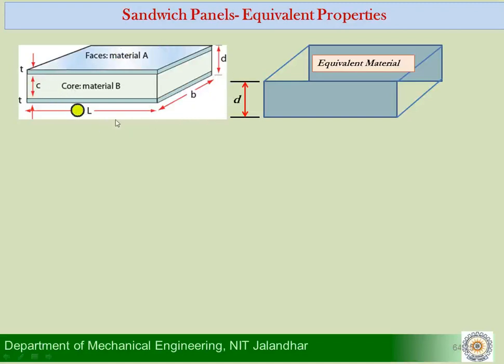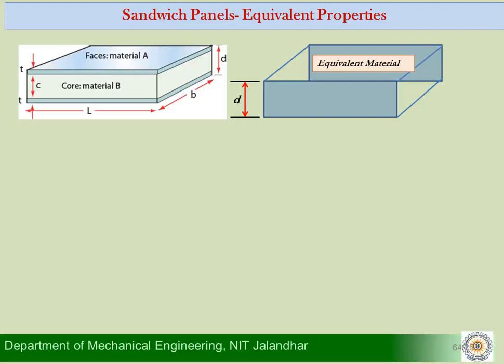One for the composite, one for the sandwich, which we say is made up of two materials. Core material is a different, light material but with less stiffness. Face material is what we say is a high stiffness material, and traditionally high stiffness materials will have high density also.